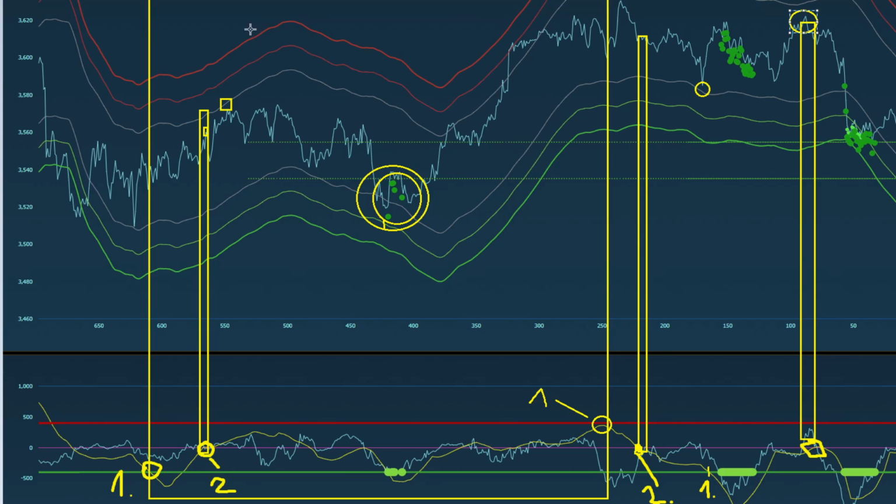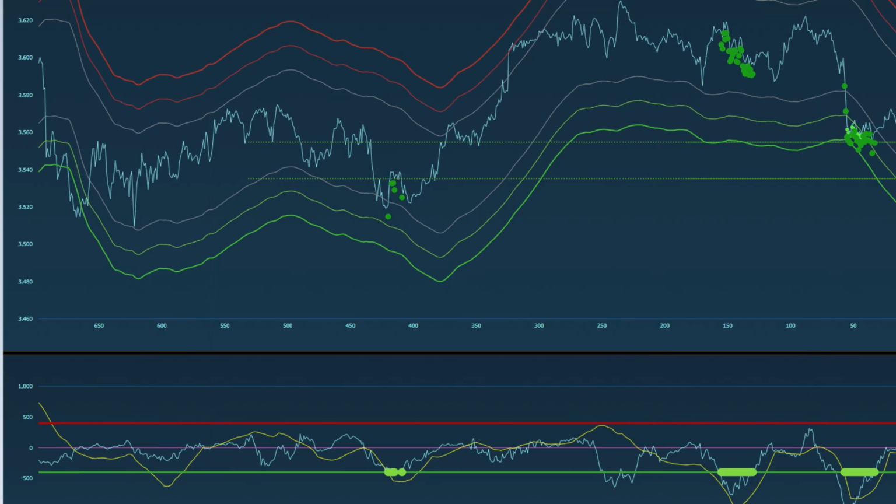Let me get rid of these lines again, and we'll summarize what we were talking about. So okay, so again, first time Momo 2 gets to minus 400 after it was plus 400, right?